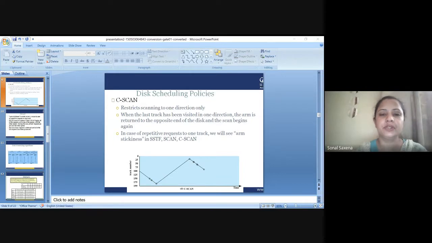So again, if you see here, the number of cylinders crossed will be 40, 14, 199, 16, 46, 4, 11, 24, 20, and 13, which equals 387.